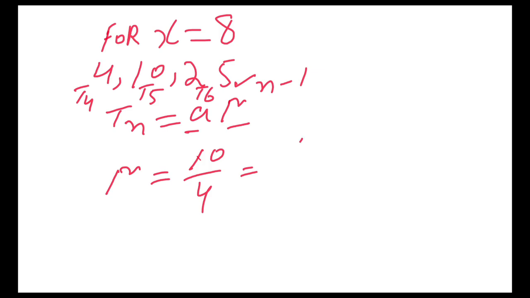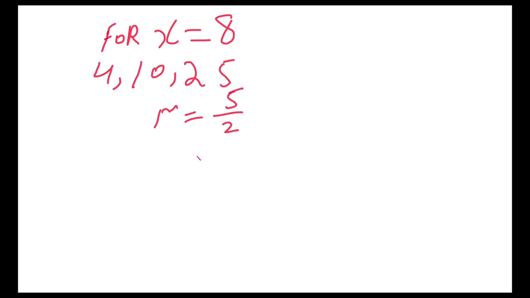So term 5 divided by term 4, 10 over 4, the answer will be 5 over 2. So the common ratio is 5 over 2, but we don't have the a. Remember, this is T4, and this is T5, this is T6.